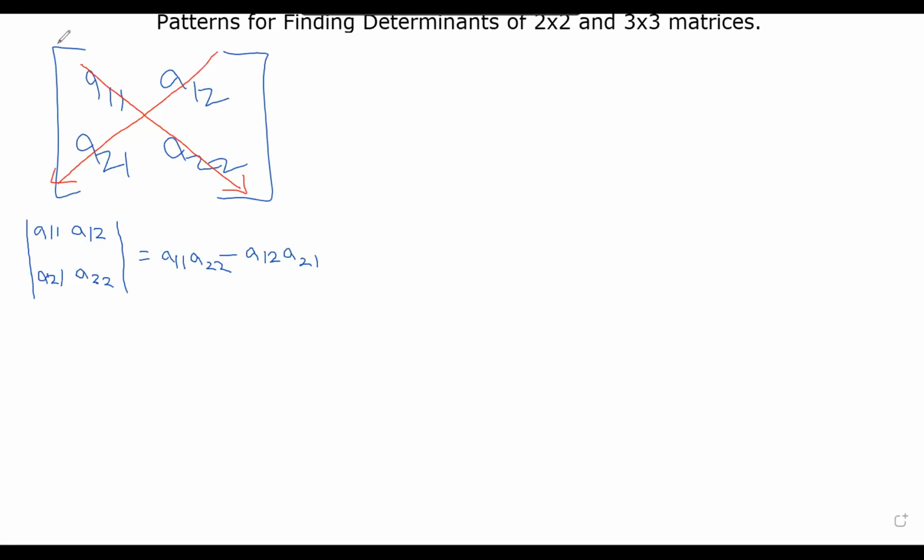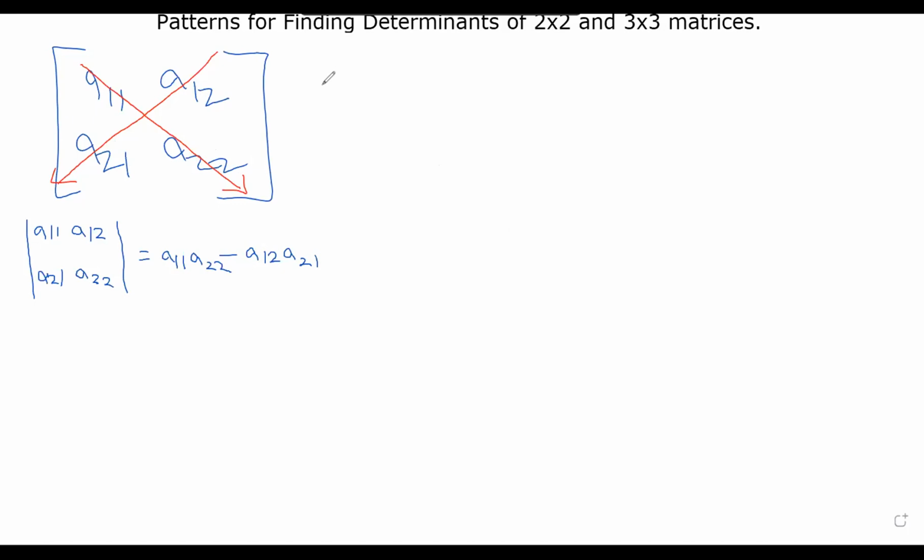Because the arrow going right down is a positive product, and the arrow going down left is the negative of that product.